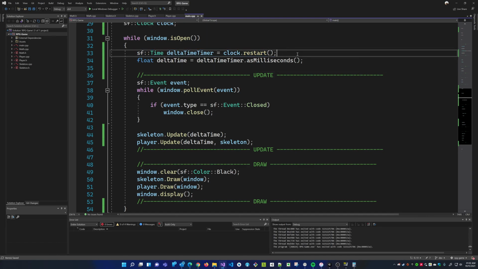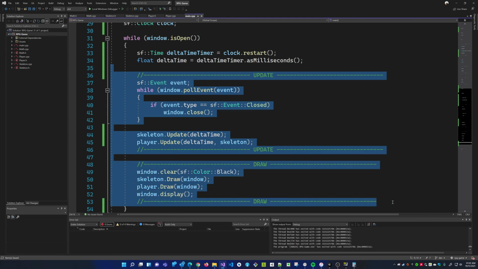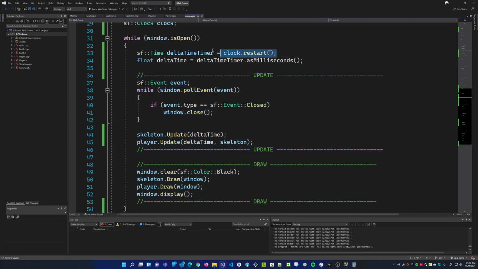I start my loop. I restart the clock. I calculate deltaTime, which is 0. So this is the first frame, 0. I render a single frame. Next frame, I store the deltaTime here.